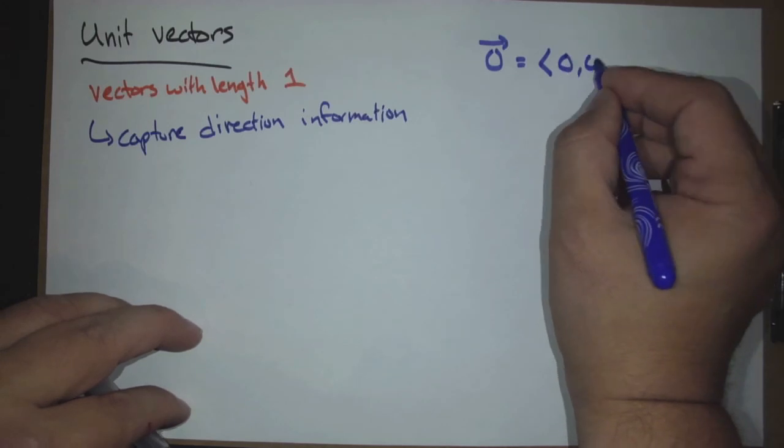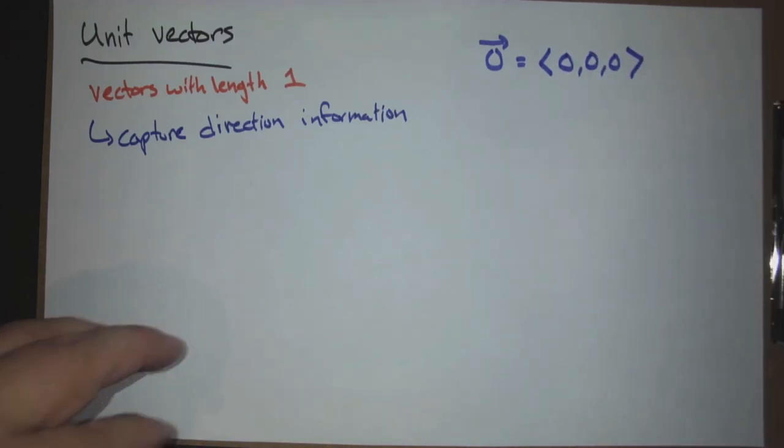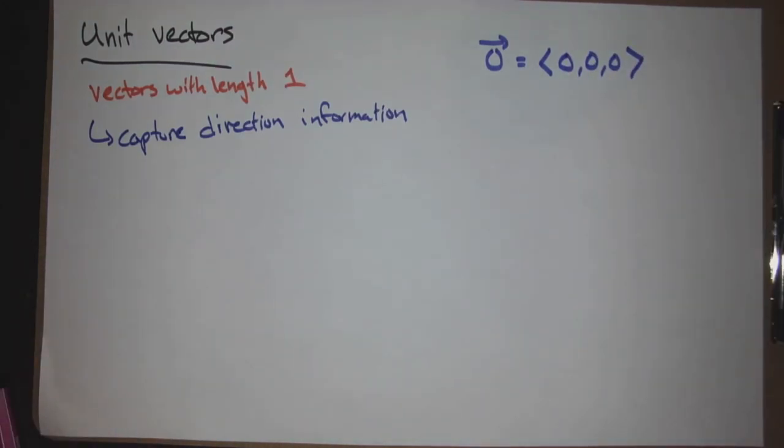The 0 vector represents no change. It corresponds to a situation where no change has occurred. I like to say it's the directionless vector because there's no direction it goes in. And I used to joke that the 0 vector was the art history major of vectors. Just no direction in life.